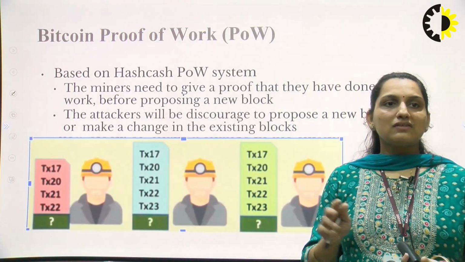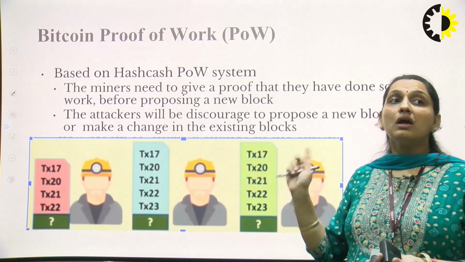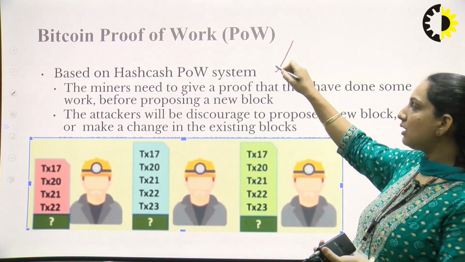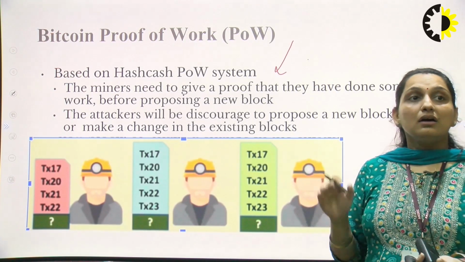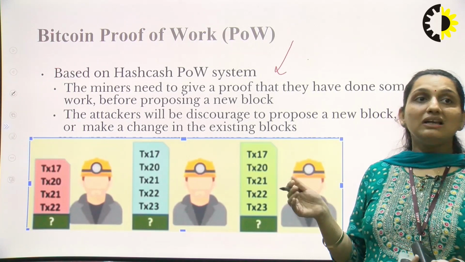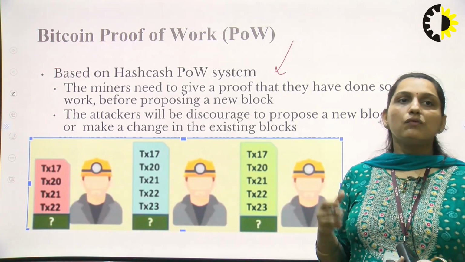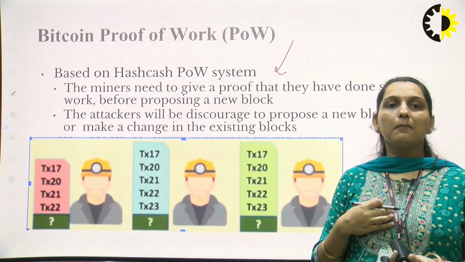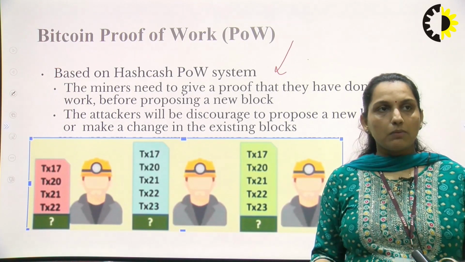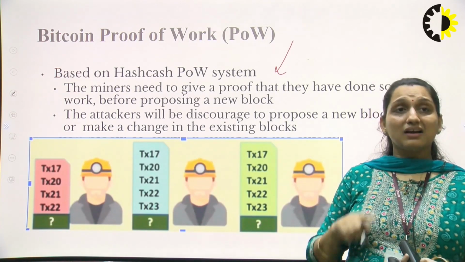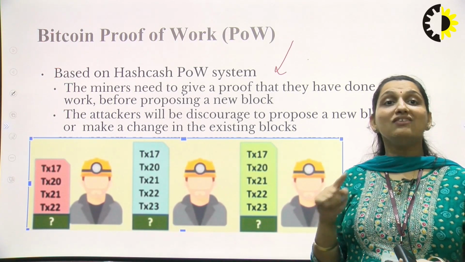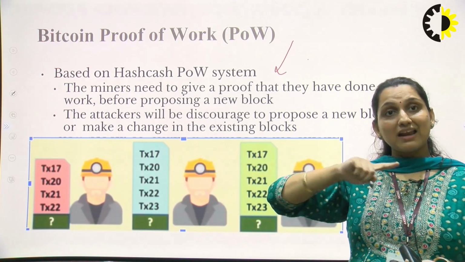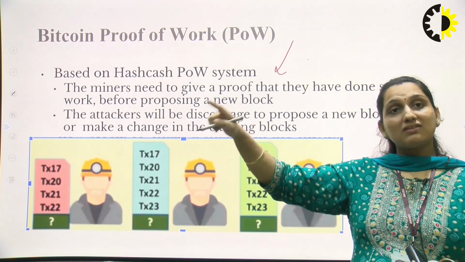Okay, so this is how we can use Bitcoin proof of work here, and we will discourage the miners. A miner will need to give a proof when they are doing some work or proposing any block to a blockchain, and the attacker will be discouraged from proposing a new block or changing an existing block, because you can't change a hash, as blocks are connected with the previous hash.